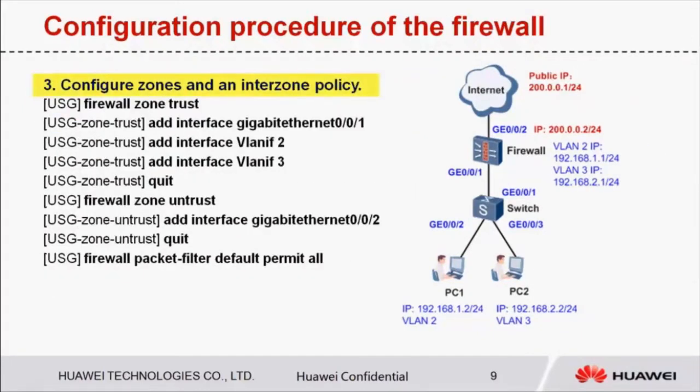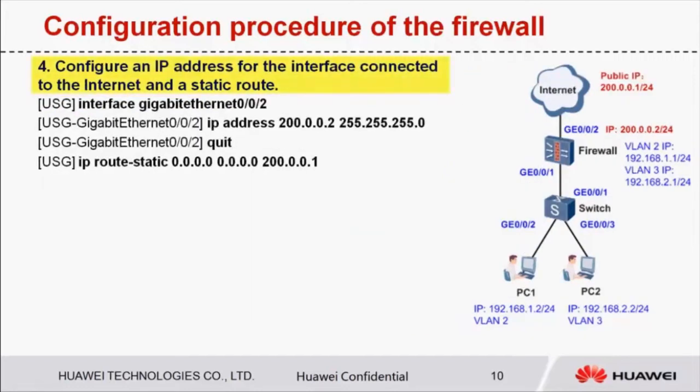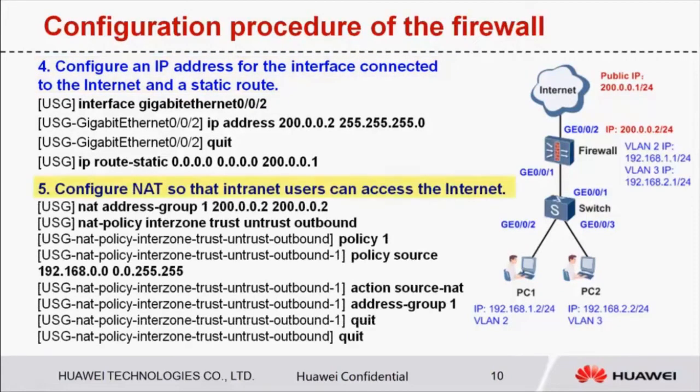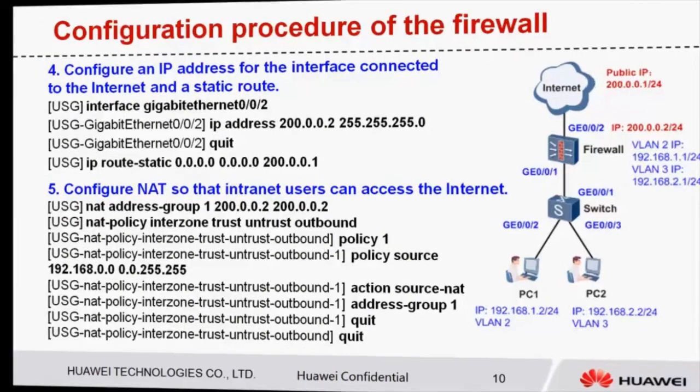Step 3. Configure zones and interzone policy. Step 4. Configure an IP address for the interface connected to the Internet and a static route. Step 5. Configure NAT so that Internet users can access the Internet. Till now, the Layer 2 interface configuration of the firewall is also complete.